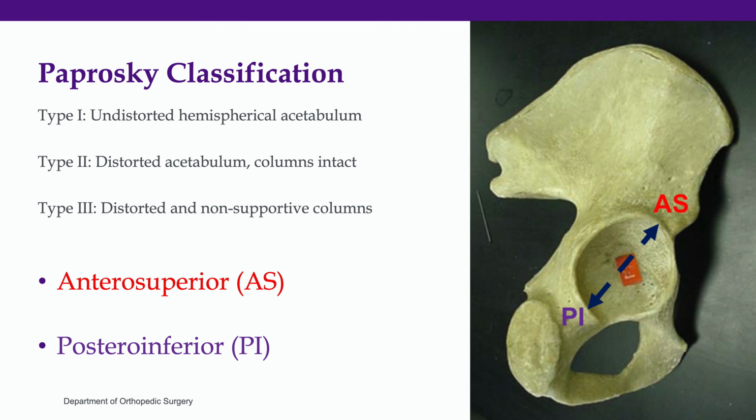And then finally, you've got your type 3 defects where you've got distorted and non-supportive columns, and you're really not going to get that A to P wedge from top to bottom, and these are the hardest cases.